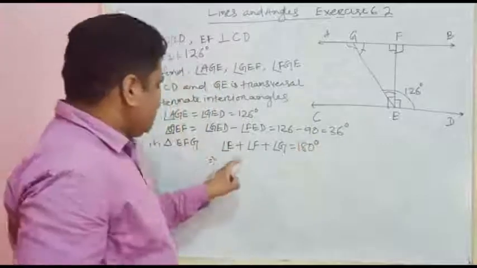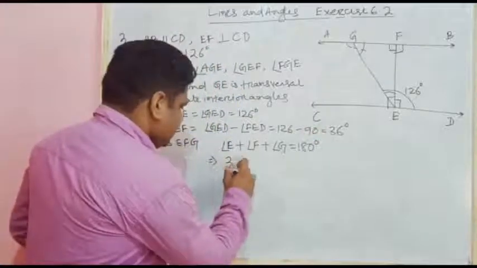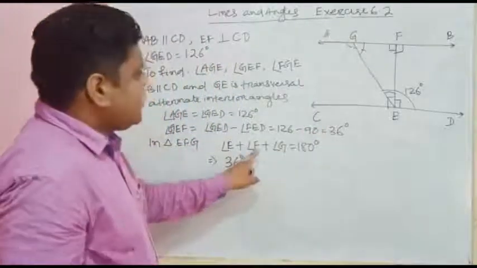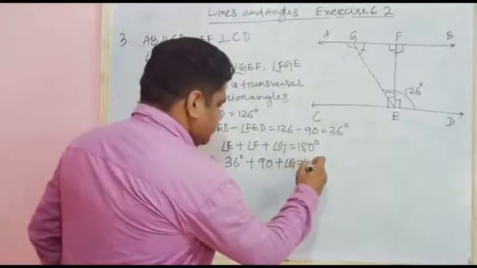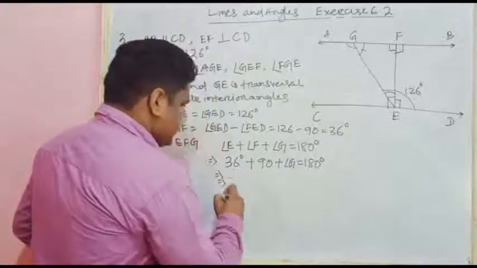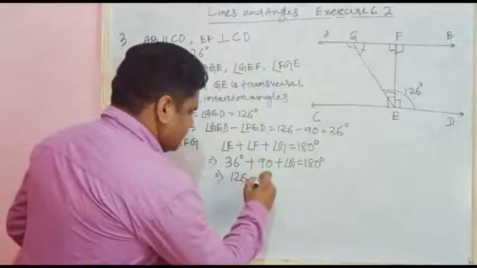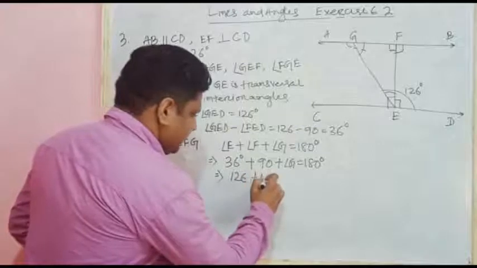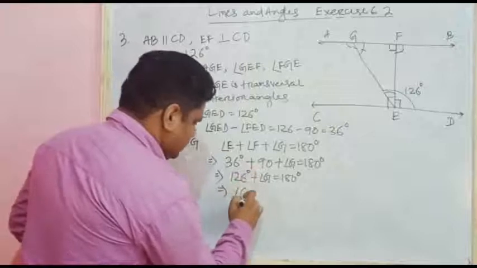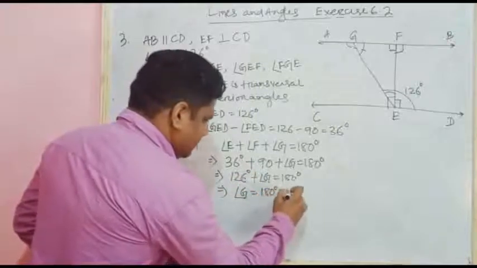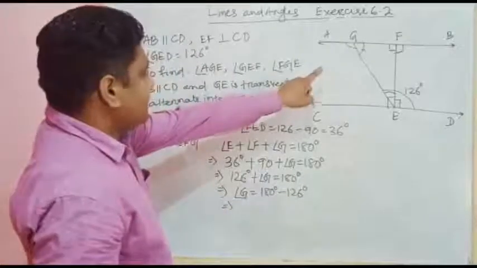In place of angle E we write 36 degrees, plus in place of angle F we write 90 degrees, plus angle G is equal to 180 degrees. 36 plus 90 is 126, plus angle G is equal to 180 degrees, so angle G is equal to 180 degrees minus 126 degrees. So angle G means angle FGE.